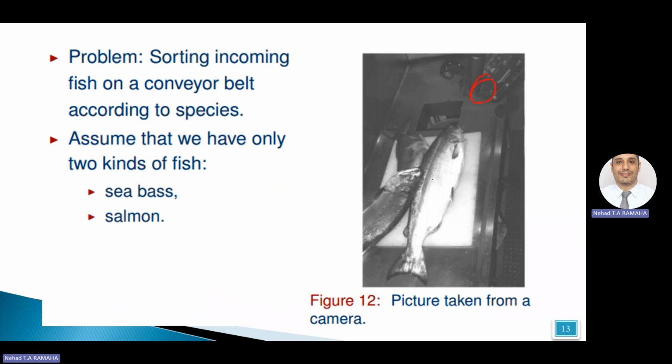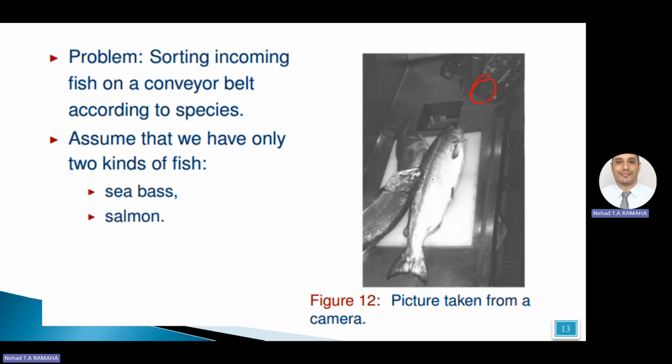Could be the weight of the fish, could be the shape. Is it flat or is it wide? Number of the fins for the fish, shape of the fins. You know the fins of the fish?